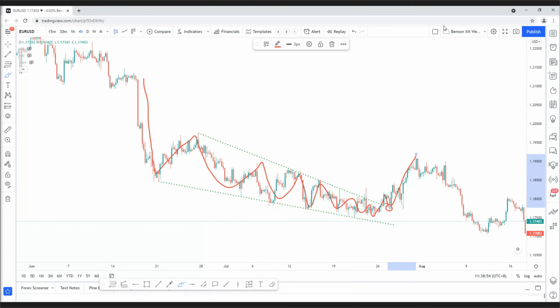For this wedge pattern, every time there is a continuation pattern, we don't just go based on the pattern itself. We need to combine it with other indicators like RSI, stochastic, and MACD to give us better conviction that the price action is going to move to the upside.